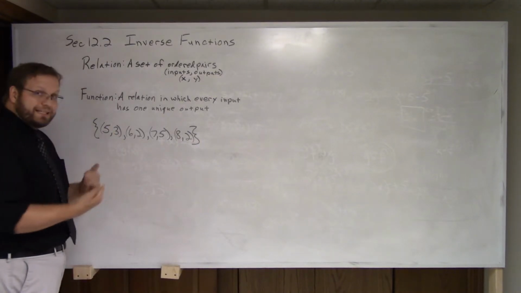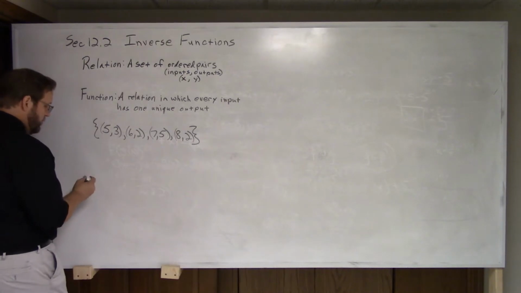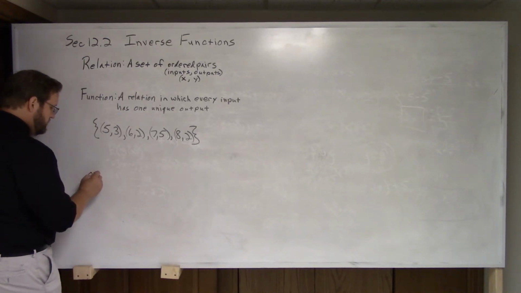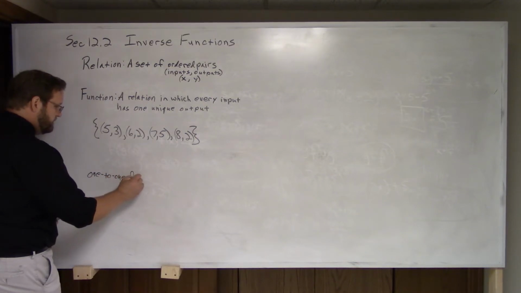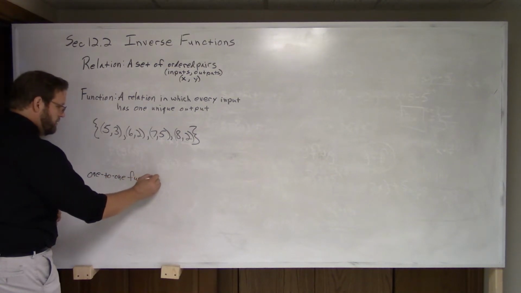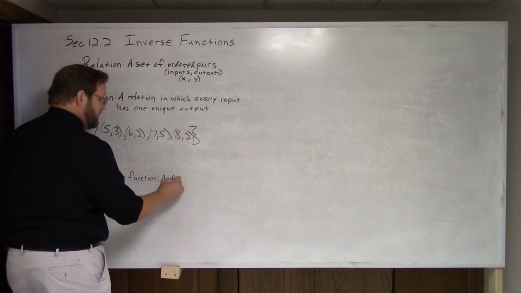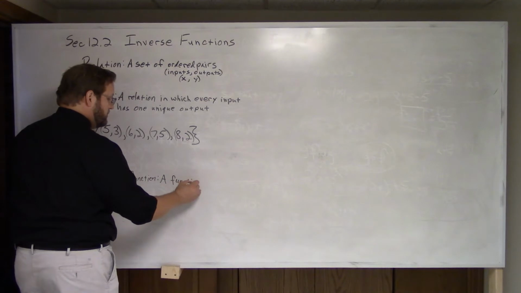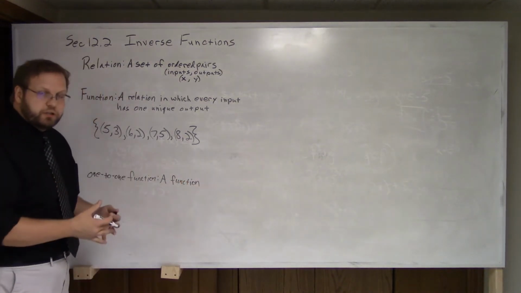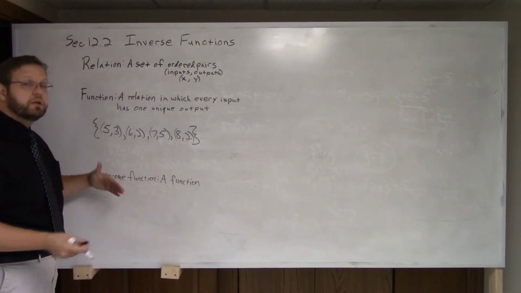Now, a step further from that would be a one-to-one function. Okay, a one-to-one function first and foremost is a function, which is a relation. Okay, so this is a very specific relation.